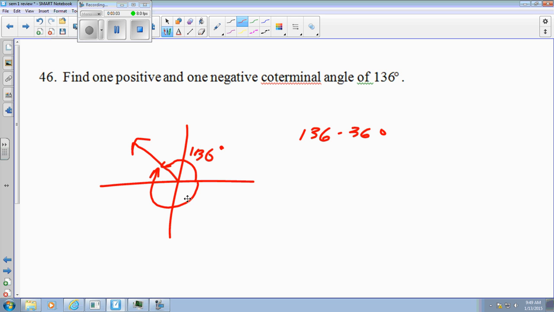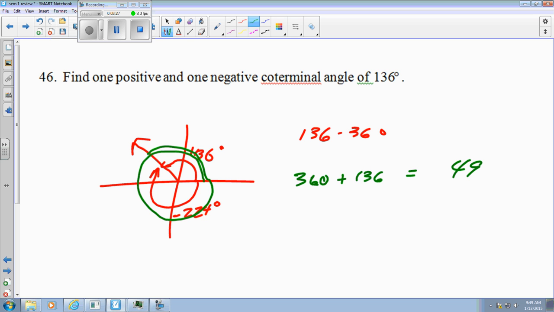And I get this angle going clockwise around is negative 224 degrees. To get my other angle, I'm going to start here and go the positive direction around. If I go around once, it's 360, and then back to this, so I would say 360 plus 136 gives me 496 for my other angle.